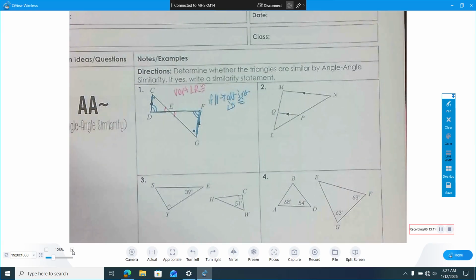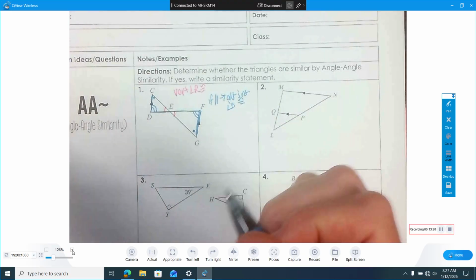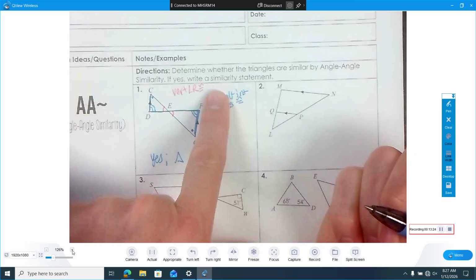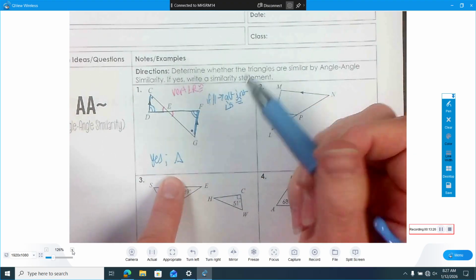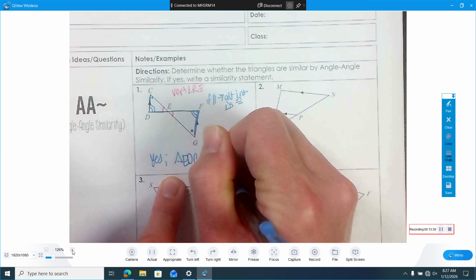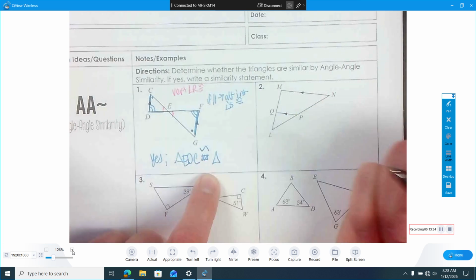So those are our two justifications if we were writing a proof. So do we have a pair of congruent angles? Yes. So are we similar? Yes. So it says write a similarity statement. If I say triangle EDC, oops, I meant to write a similar, is similar to triangle what?